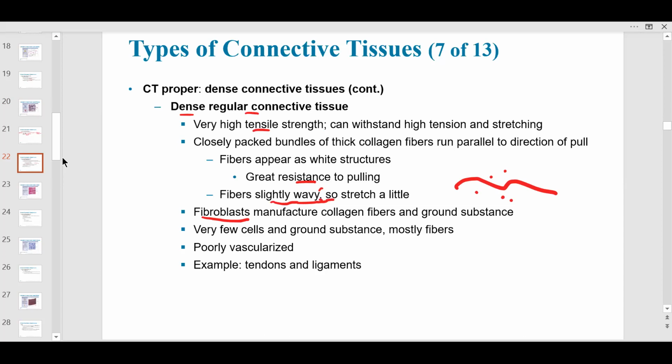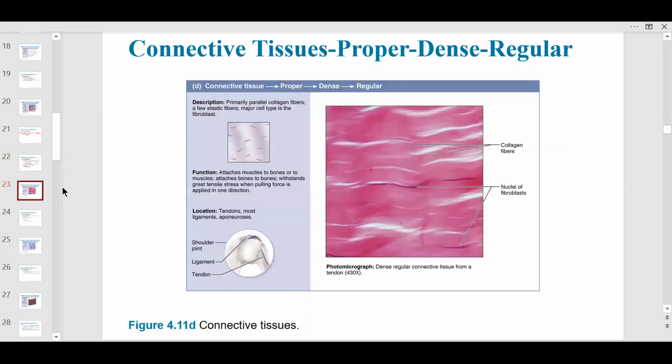Very few cells, not as many sparse cells. And like I said, poor blood supply. So a perfect example is tendons and ligaments and that fascia that's really an extension of a tendon between the muscles. There it is. What can I tell you? It's ligament: shoulder, knee, elbow, ankle.